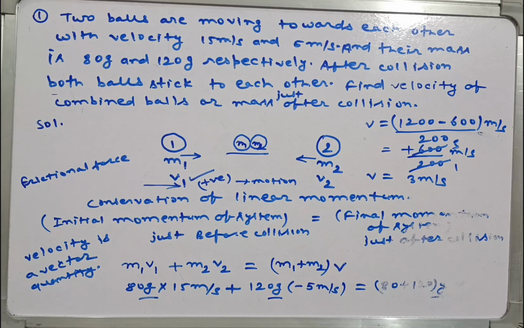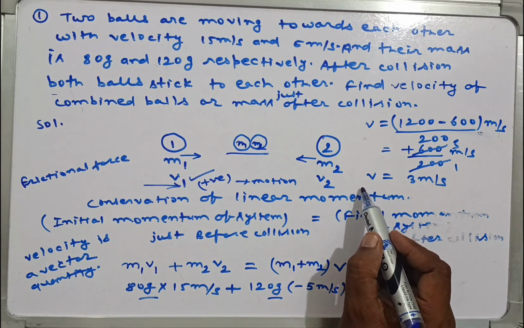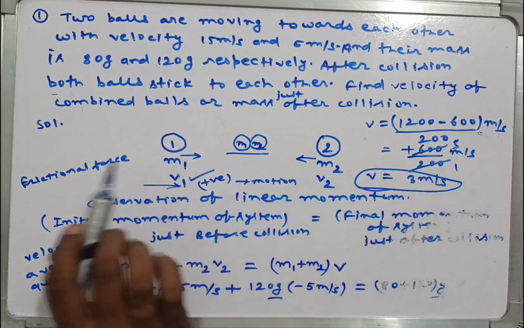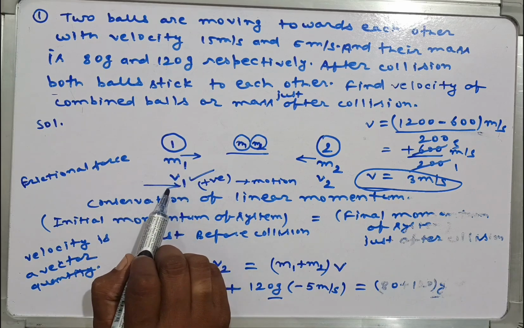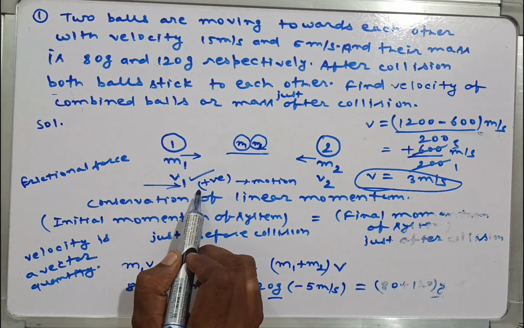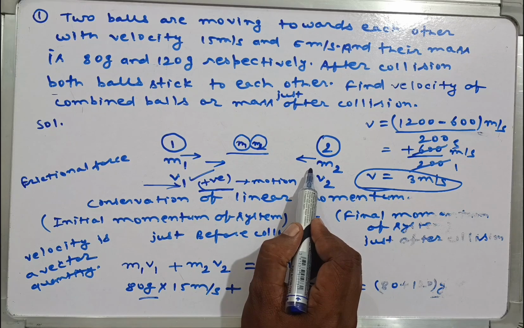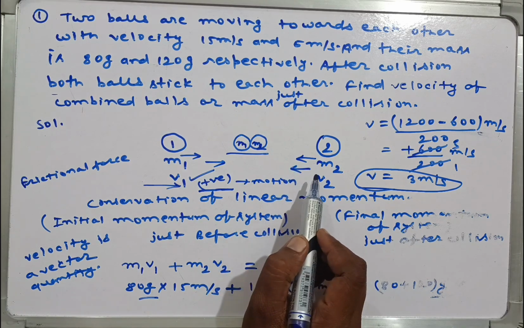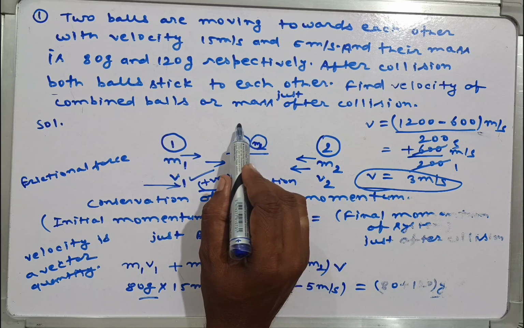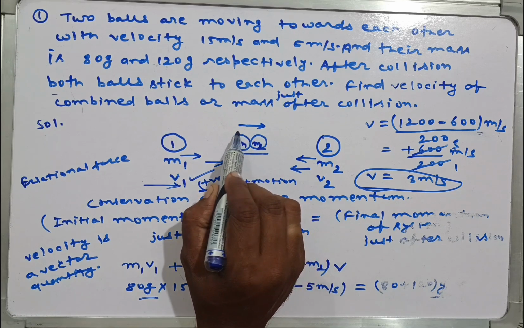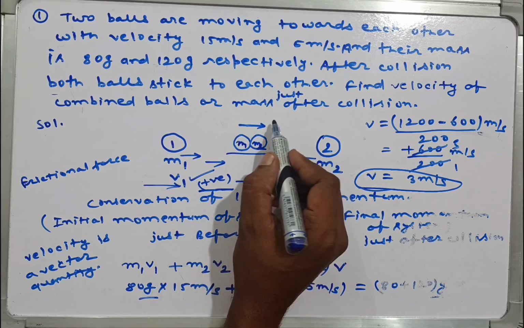After the collision the combined mass will move with velocity 3 meter per second in the positive direction. Both balls after sticking move along this direction.